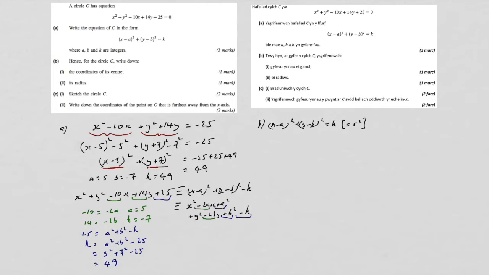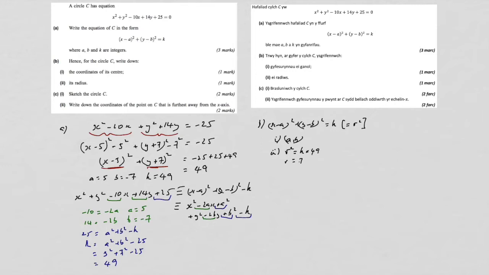And then we have that the centre, which is what's being asked for in part B, is just given by a comma b, and the radius is given by r, and since r squared is equal to k, which in this case is 49, that gives us r equals 7.